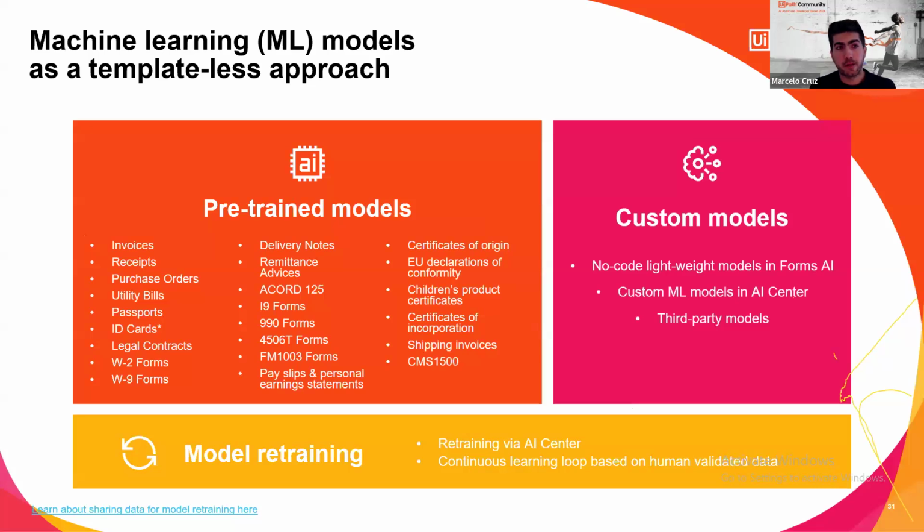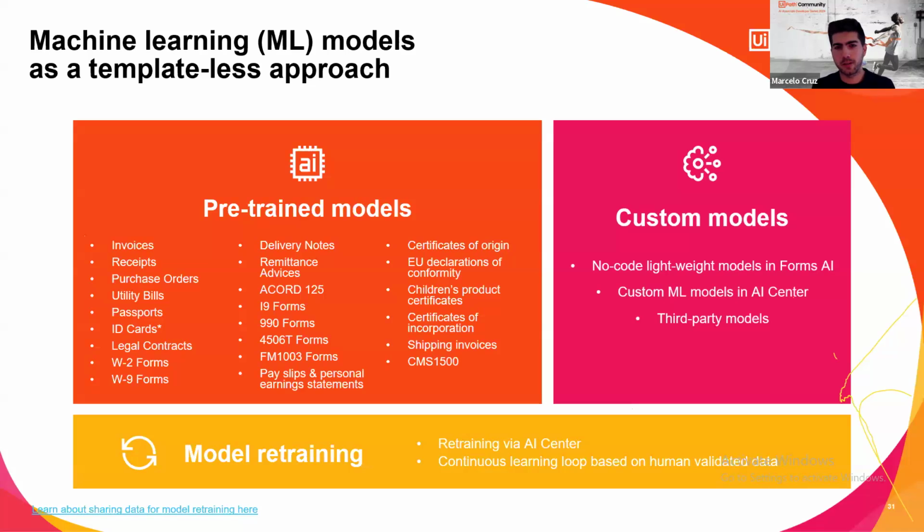Then we have the machine learning models, the template-less approach. From here, we can rely on machine learning models to process less structured and semi-structured documents like invoices or receipts. Very important to mention, these machine learning models aren't like a big database of document templates.